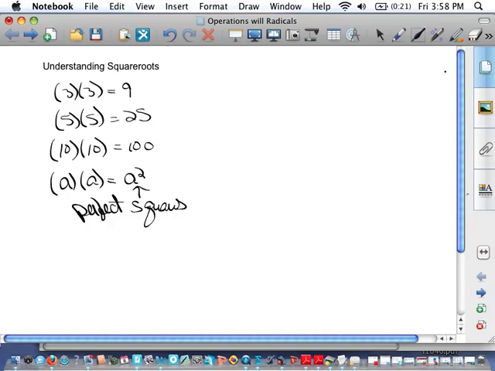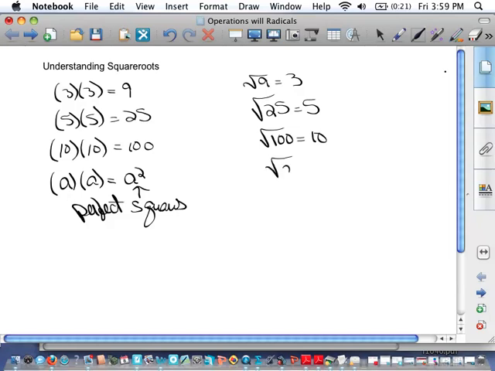A square root is actually just undoing that process of multiplying a number by itself. Because when I take the square root of 9, I get 3. The square root of 25 gives me 5. The square root of 100 is 10.